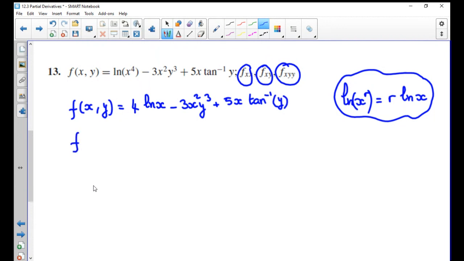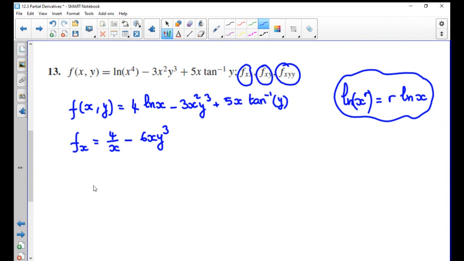Now, maybe I can start differentiating. I want fx. So, what will be fx? 4 over x, yes? So it's 4 times the derivative of ln, which is 1 over x. So the first term will give us 4 over x. The second term, minus 6 x y to the power of 3.